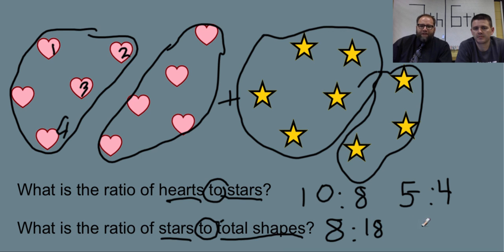Simplest form demands that I divide them both by 2, giving me 4 to 9. So that would be 4 stars to 9 total shapes.